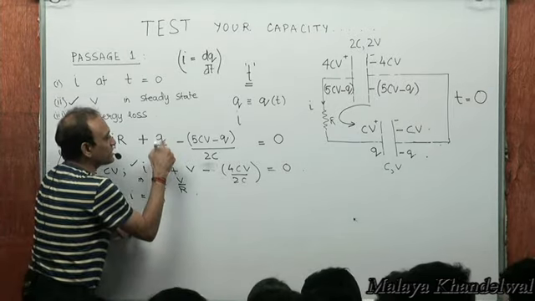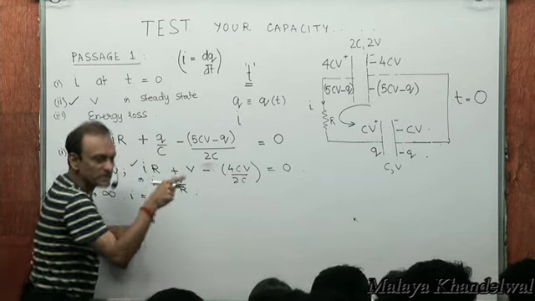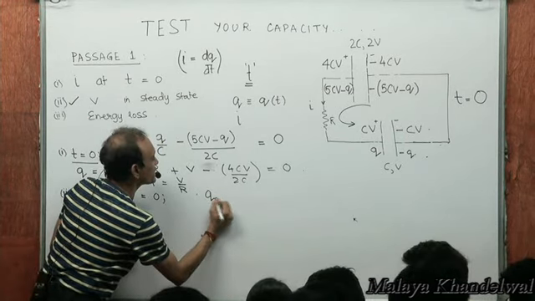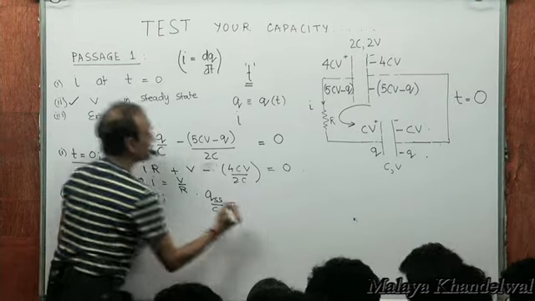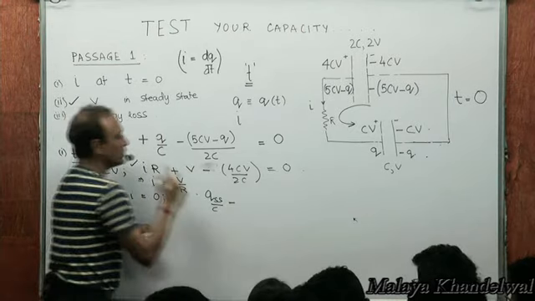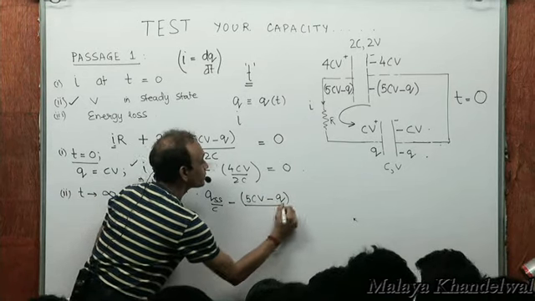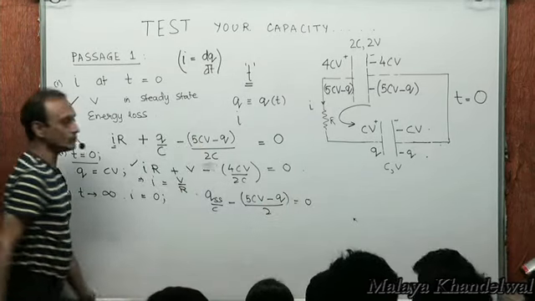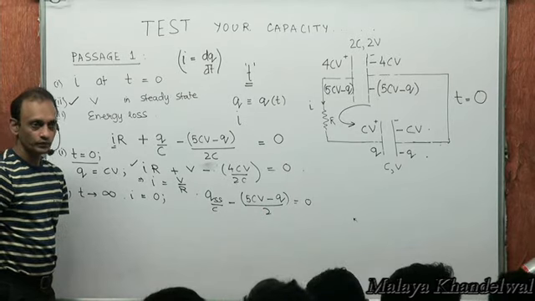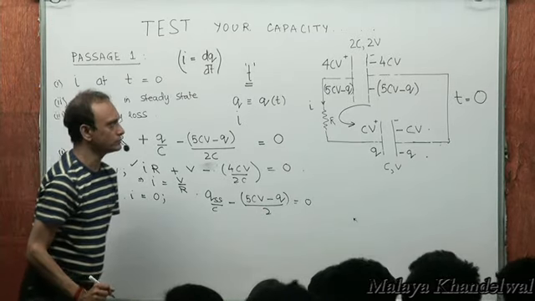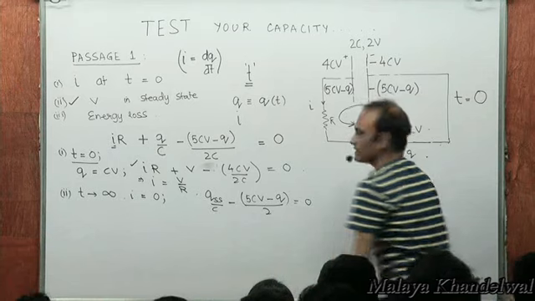So let me write Q as QS, meaning Q steady state, by C minus, because this part is 0, minus 5CV minus Q by 2C. That must be 0. I don't have to solve for Q. I just need the value of Q by C, isn't it?